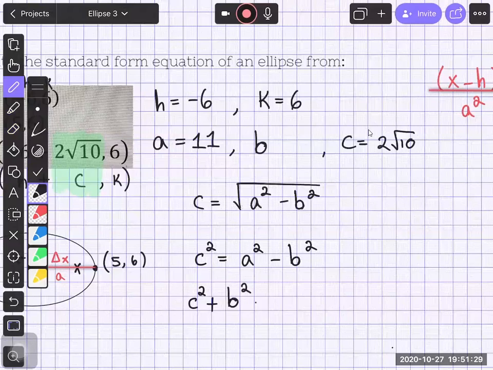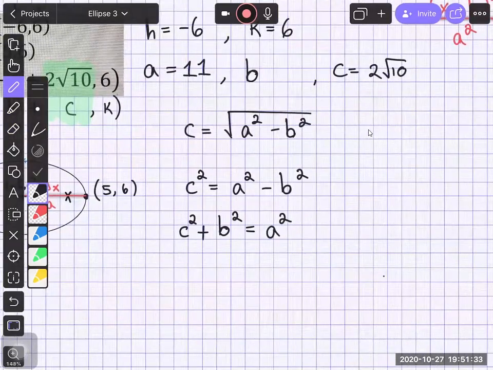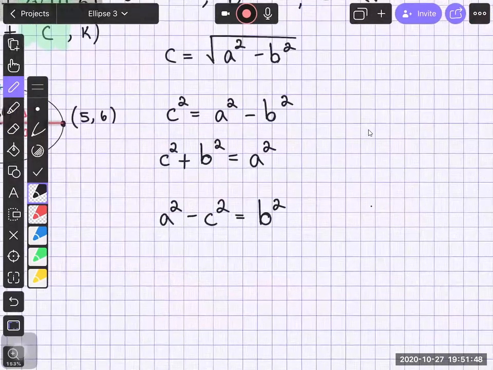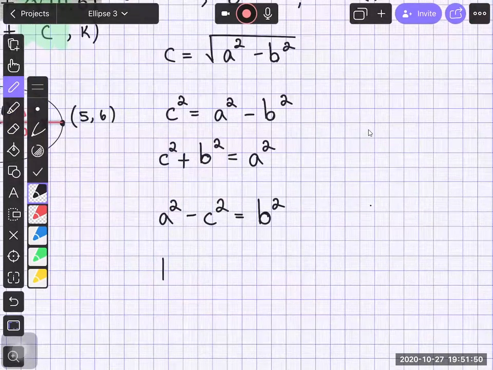C squared plus B squared will be A squared. A squared minus C squared will be B squared. Sorry, switch them. So finally, we have that B will be the square root of A squared minus C squared. Very good.